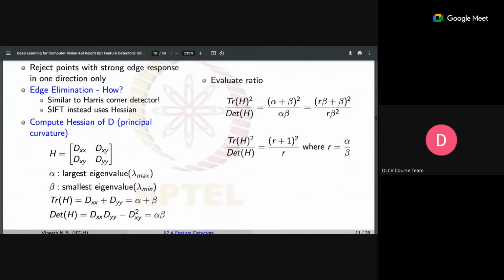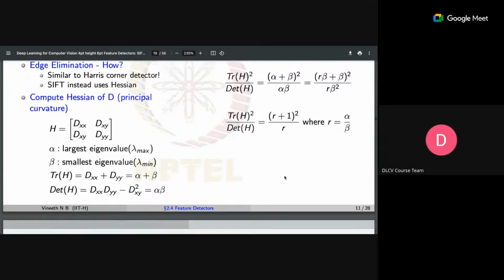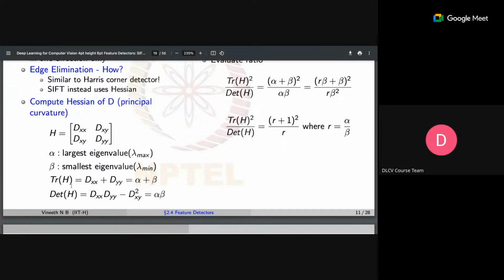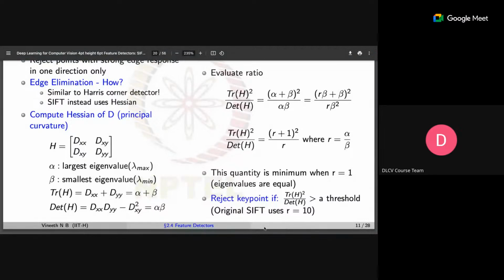Correct. So you can calculate the Hessian and then use its trace and determinant to get some ratio, and based on this ratio, we reject the key points. So two steps we are doing. First, we found the extrema and used it to reject the low contrast points, and now we are eliminating edges using the second derivative.